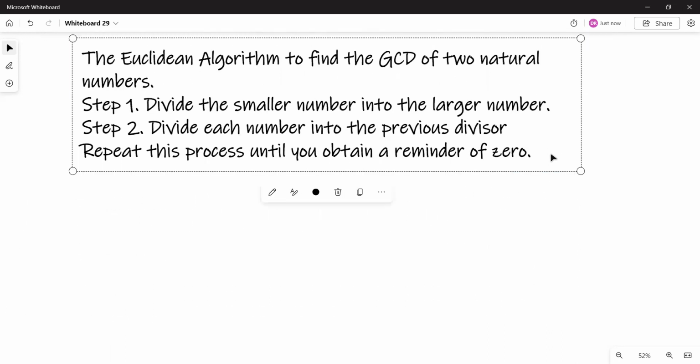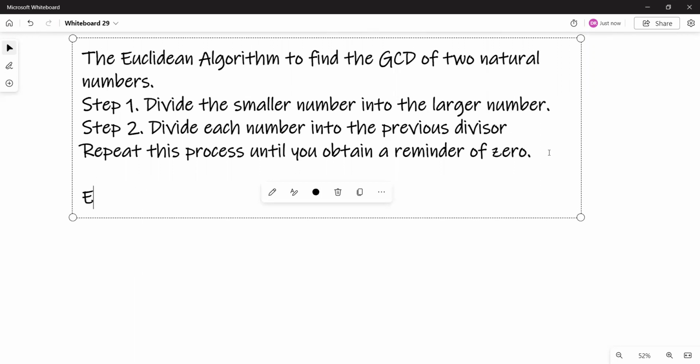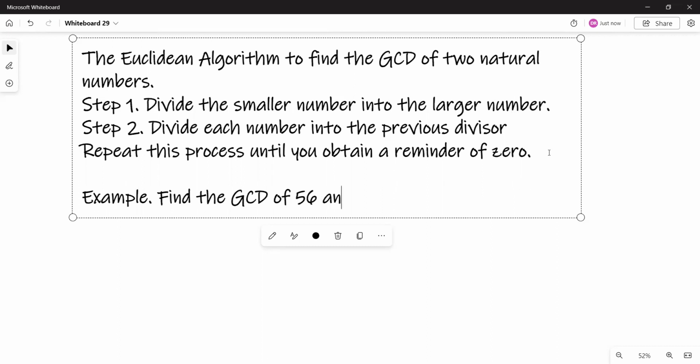Okay, so we're going to find the greatest common divisor of 56 and 72. And if we know the numbers in the greatest common divisor, we can also find the least common multiple.